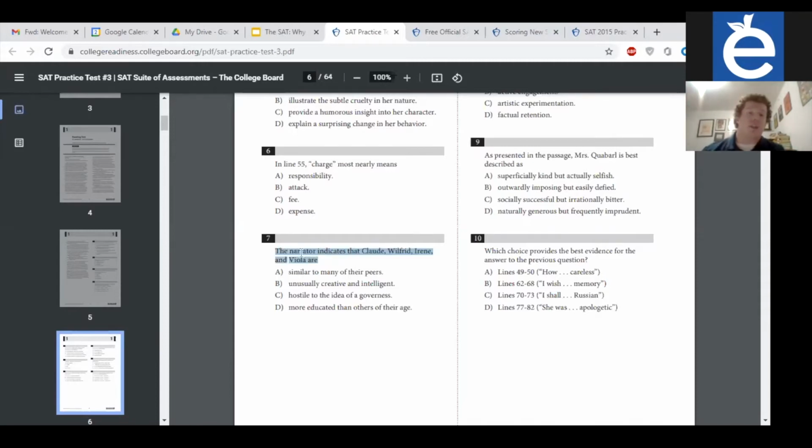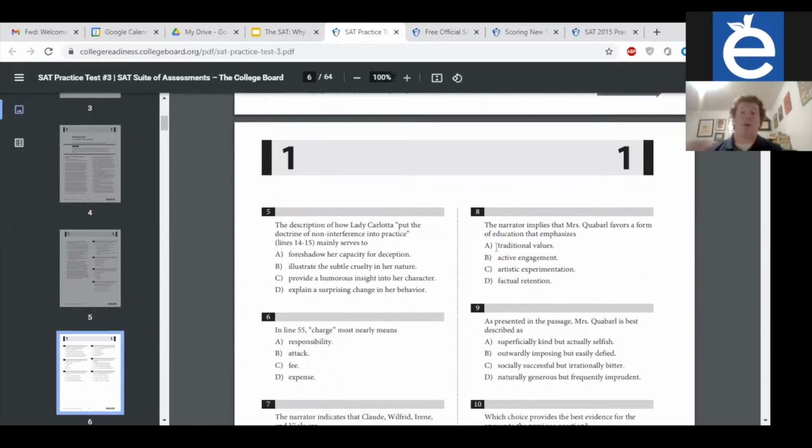That's going to mean when the narrator is talking about Claus, Wilfred, Irene, and Viola, we're going to have to search for the context in which they're mentioned, interpret what the narrator is trying to get across, and find our matching answer. So a question like number 7 is probably one to save towards the end, because that's going to require a lot more work and more time to get through.